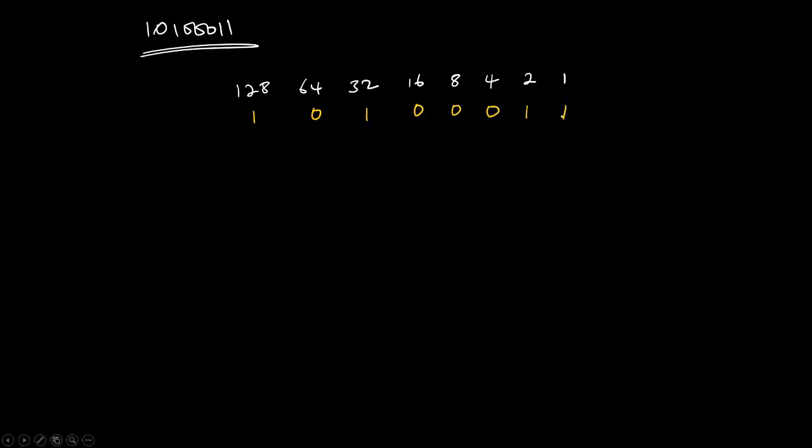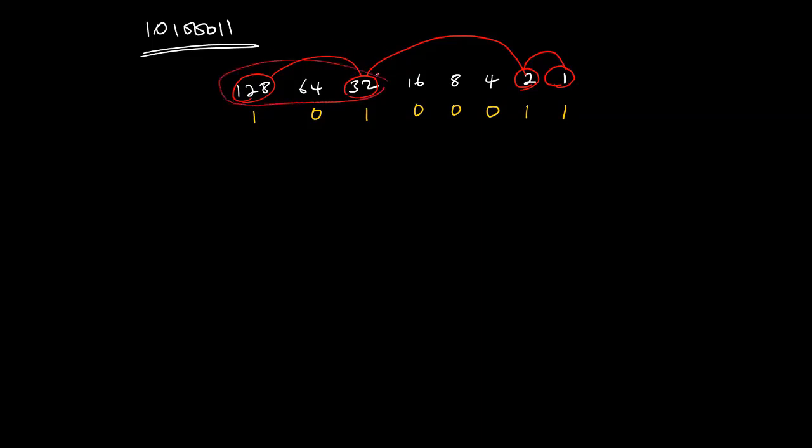After that, add together those ones that are mapping to the 128, add that to 32, add that to 2, add that to 1. What do you have? This gives us 163.